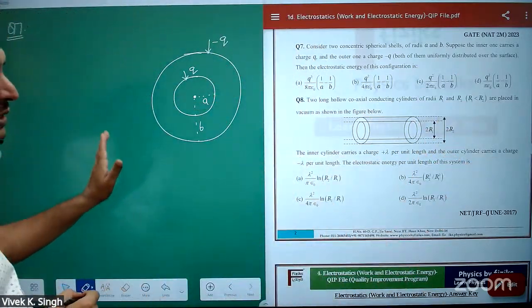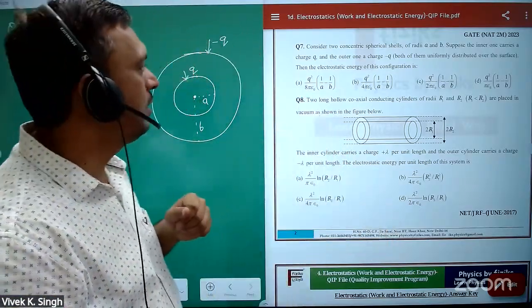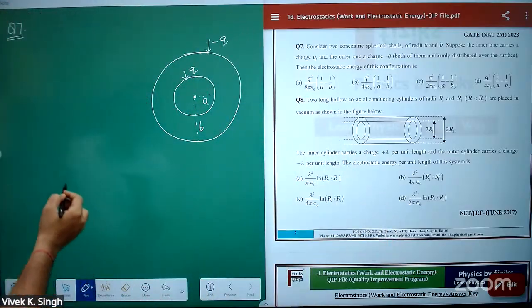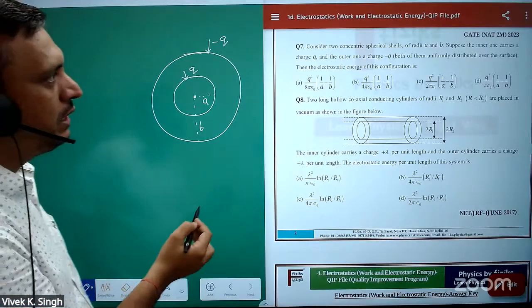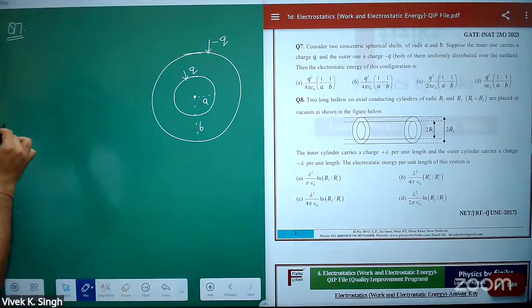So you can easily write the electric field due to this charge configuration. If you know electric field, then you can find electrostatic energy of this particular configuration.